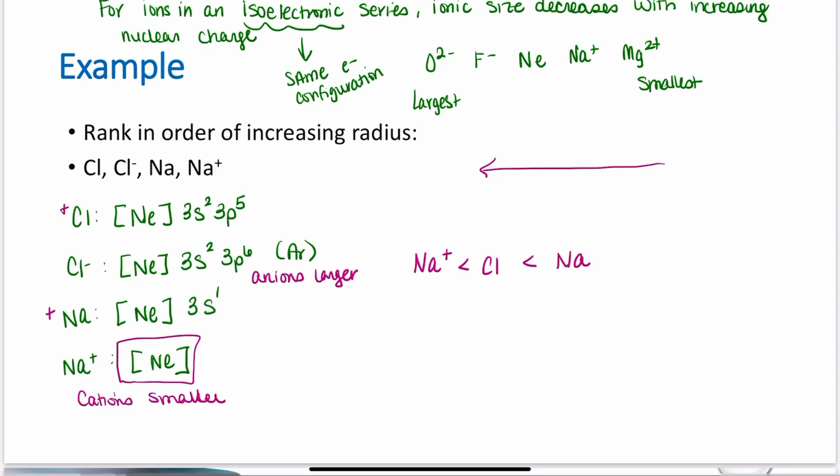Its ionic radius is smaller than the atomic radius of chlorine, is what I'm trying to say. Chloride ion now has the equivalency of argon, which is going to be the end of that row. It's bigger than your chlorine atom, but it's smaller than your sodium.